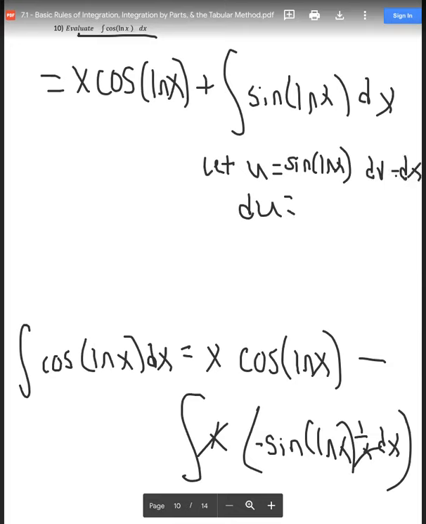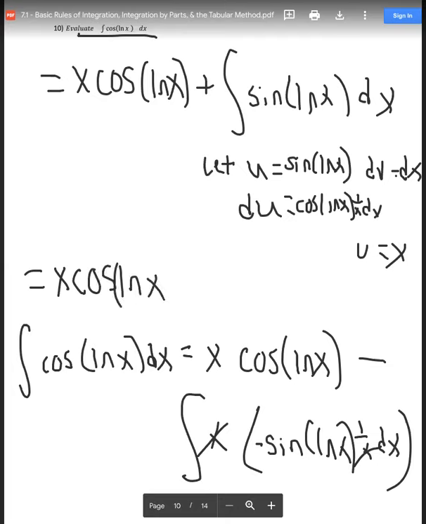So this is cosine of ln of x, times 1 over x dx. V is just x. So just keep that in mind. Remember the formula. We're doing the formula within the formula. So keep that in mind. Plus u times v, which is x sine of ln of x. Oh, sorry, I'm writing this really badly.